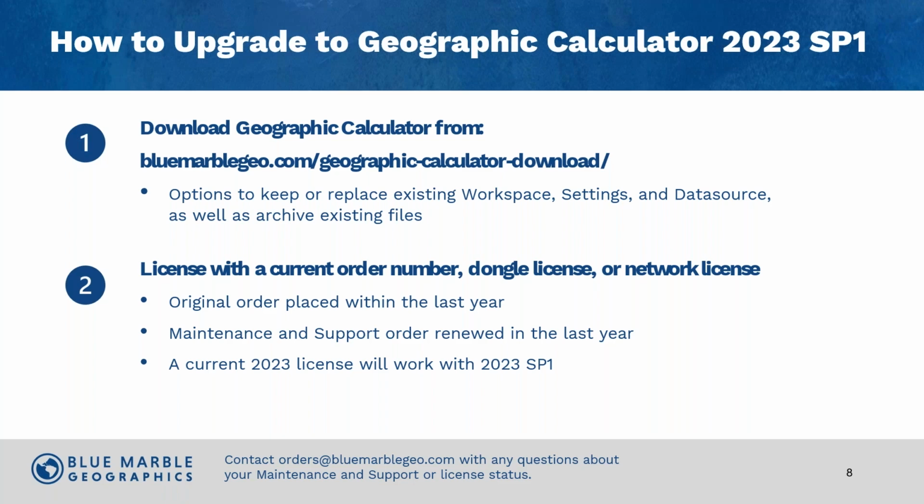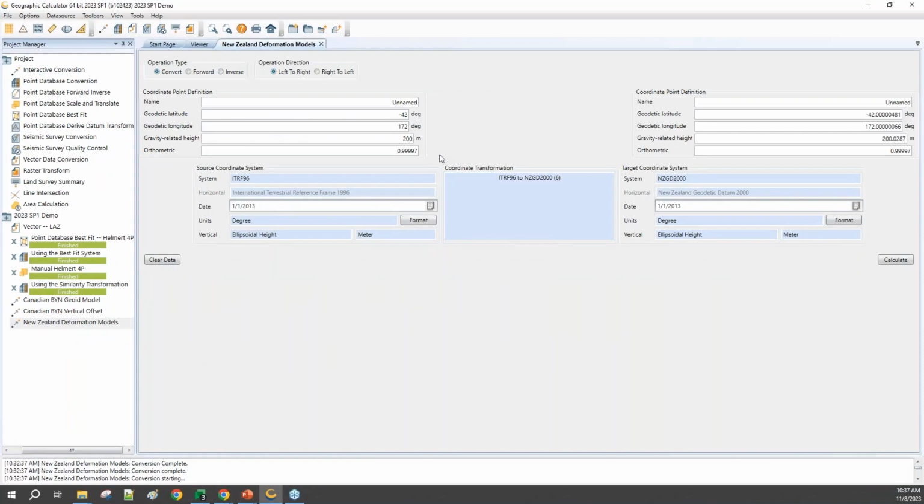Okay, are there questions that we want to take? I see we've got a variety of questions coming in from some folks, so let's head back to the Calculator interface itself. The first question, this must be a new user: can the Calculator convert a batch of coordinates in a one-time process? Yes.